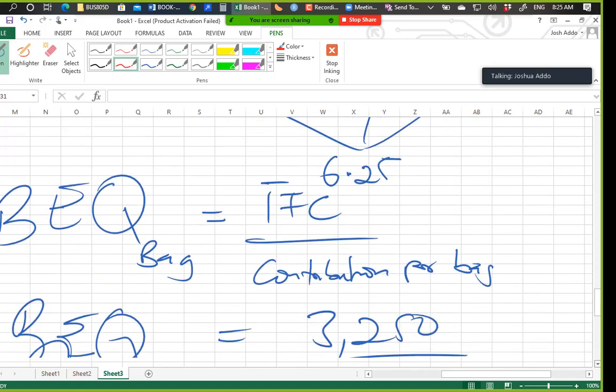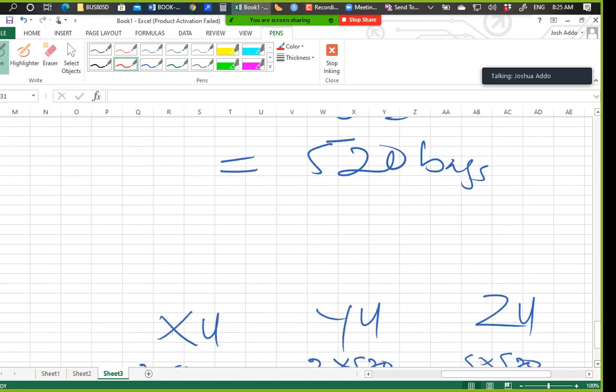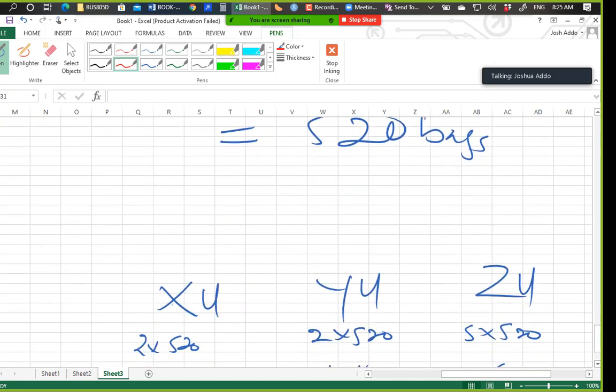So we are all okay up to this point. Break-even bags to sell is 520. Now we want to tear the bags and separate the product. Each bag has 2 of the first product, so we have 520 bags, and each has 2. How many would we have? 2 times 520 is 1,040.